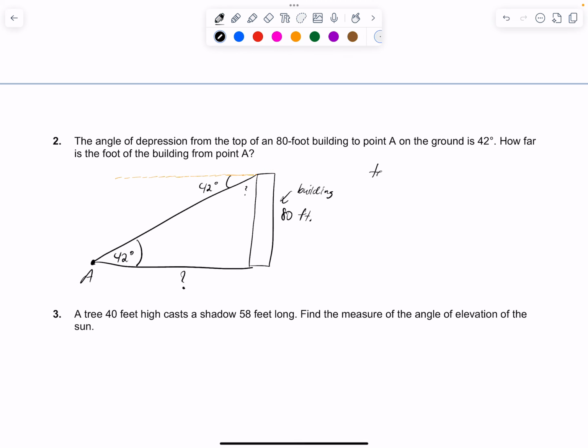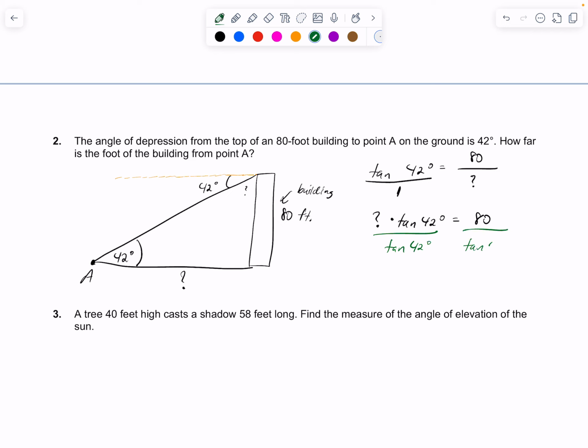So I'm going to do the tangent of 42 degrees equals the opposite, which is my 80 feet, over the adjacent side. I'm going to put this over 1 because my unknown is in the denominator, and then do cross products. So my unknown times the tangent of 42 degrees equals 80 times 1, which is just 80. To get the exact answer, I'm going to divide both sides by the tangent of 42 degrees, which will isolate my unknown.